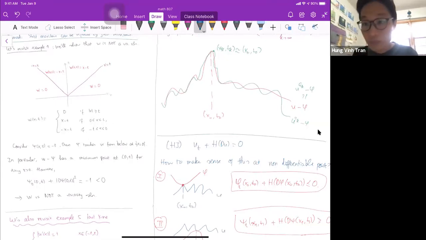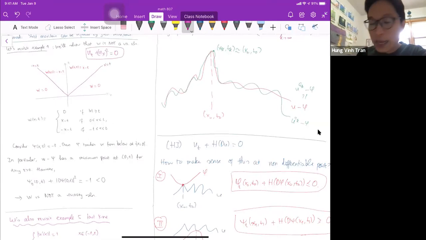Okay. All right, so let's come back to the examples we had earlier. This was the equation that we had: u_t plus u_x squared equals 0.